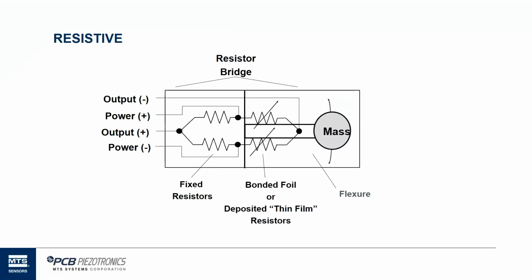And those are assembled into a Wheatstone bridge, which is probably recognizable by most of us when we see the two resistors on the left-hand side. So it's a full bridge. And what we see is the change in strain on the right-hand side can be measured on the output connections of the Wheatstone bridge, while at the same time we're applying power, a DC excitation voltage usually, to the other side of the bridge.